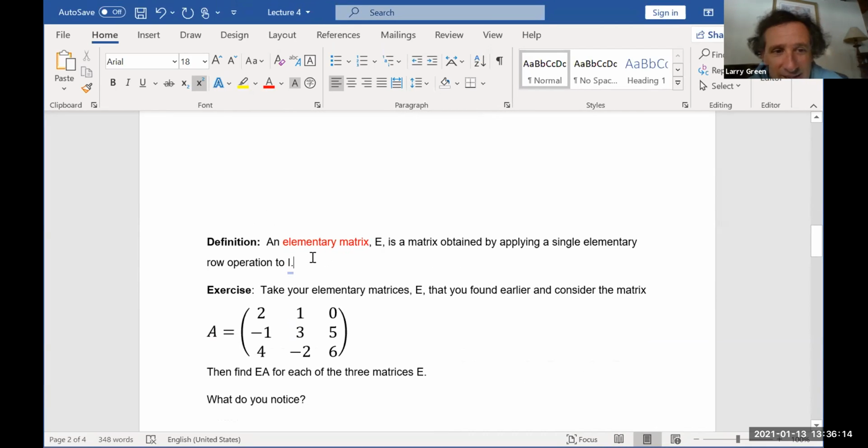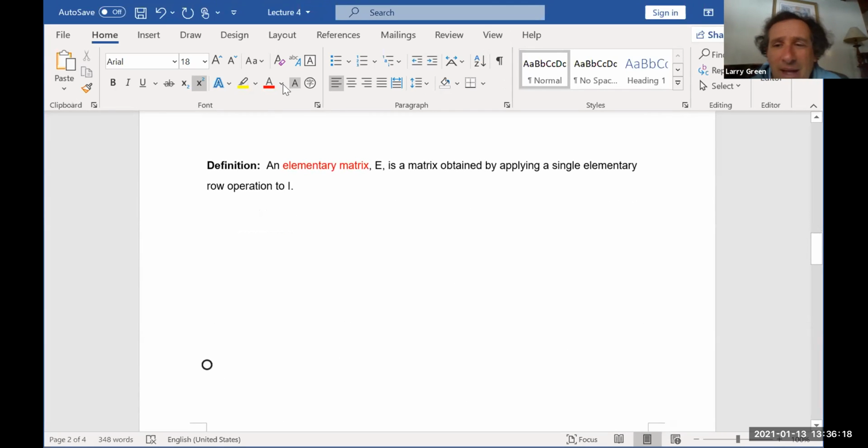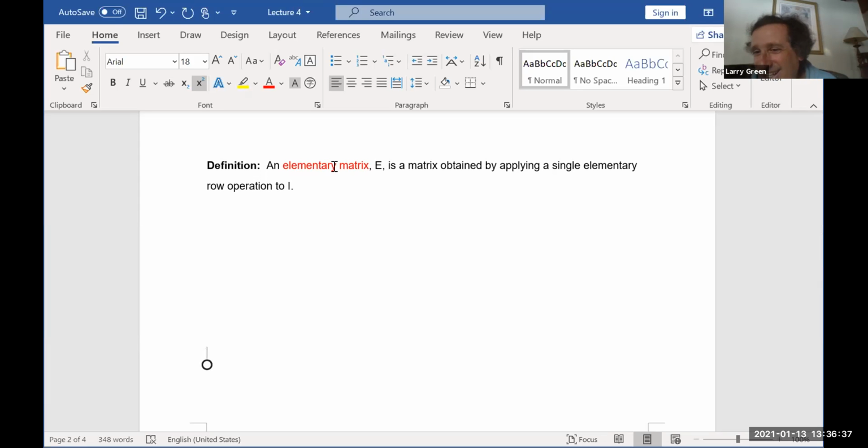Okay, so the first thing is an elementary matrix. This is a big definition and really important. So an elementary matrix, E. By the way, when you think of elementary, what do you think of? Easy. Fundamental. Easy, yeah. So these are easy matrices, like elementary school, right?